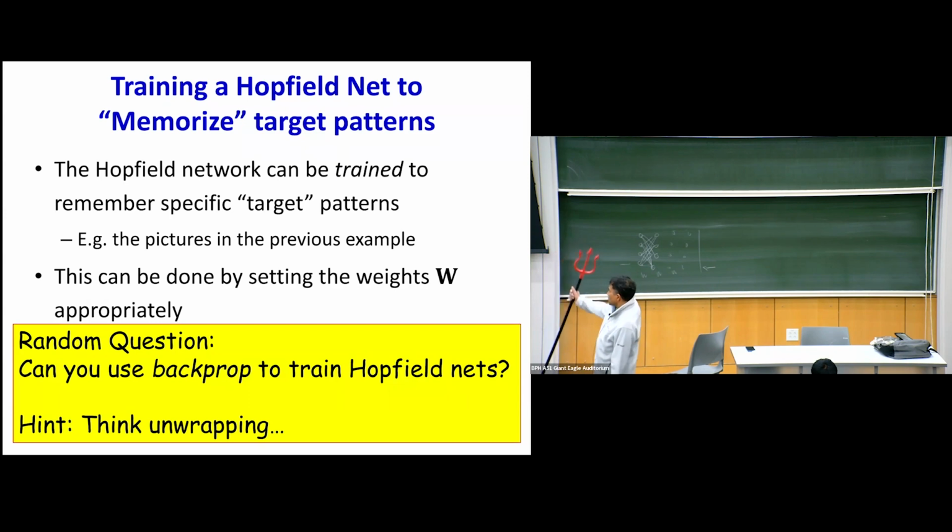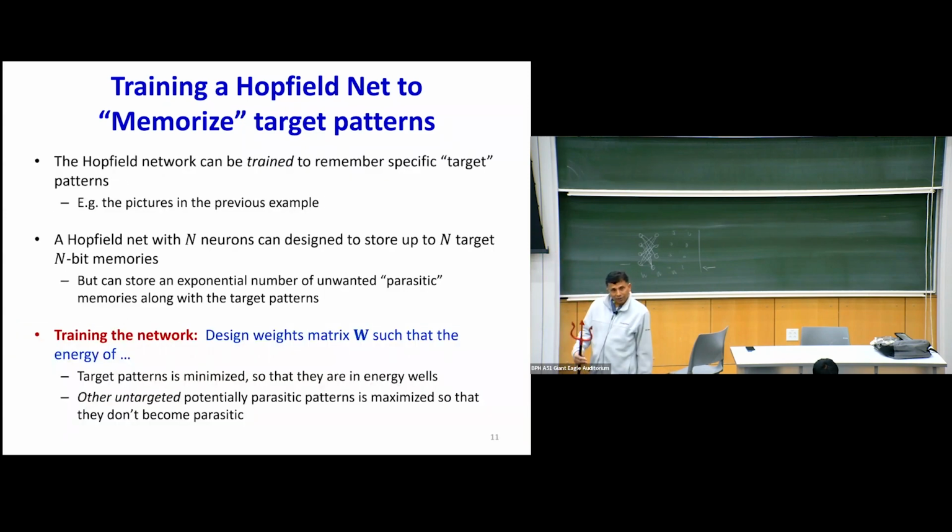Whereas if you were just trying to minimize the energy directly, then you're not thinking of it in terms of inputs and outputs, and that's a more generic training operation. Anyway, the Hopfield network can be trained to remember specific patterns. We saw that a network with n neurons can be designed to store up to n patterns, such that these n patterns are in energy wells.